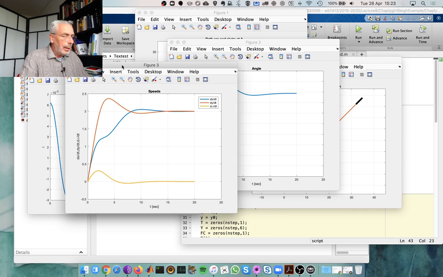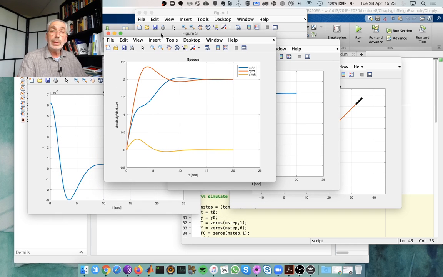Then the following figure is the speeds. It's interesting to see that there is an equilibrium speed apparently. I apply a force of 1 and 1, and there's a resistance of 1/2, so the speed in both directions should be 2, and that's eventually the speed we reach. There's some overshoot in the lateral direction, to get this orientation.